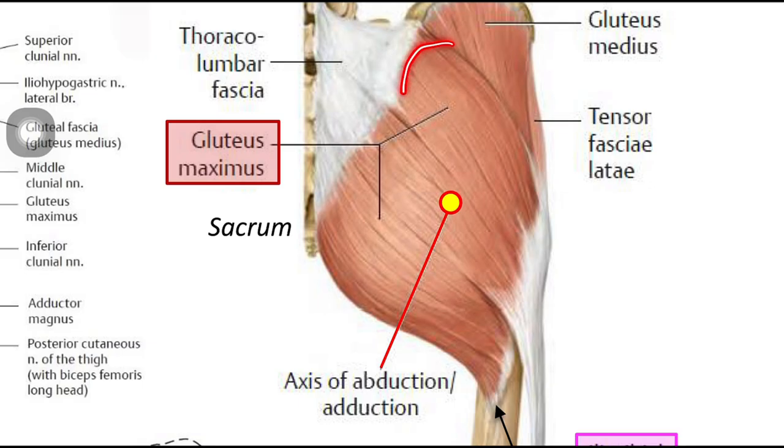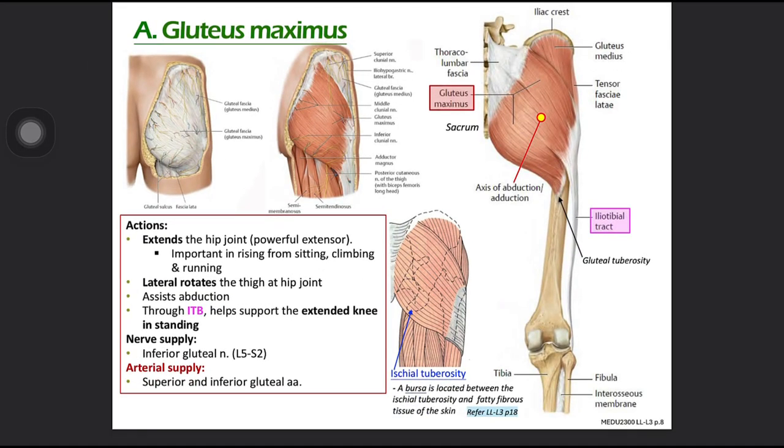Okay, and also the upper fibers can assist in abduction. Think of it, abduction: you will move the limb out to the lateral side. A key point here is that much of the gluteus maximus inserts into the iliotibial tract. Through the iliotibial tract, it also helps to stabilize the extended knee in standing. So that links these muscles functionally to both the hip joint as well as the knee.